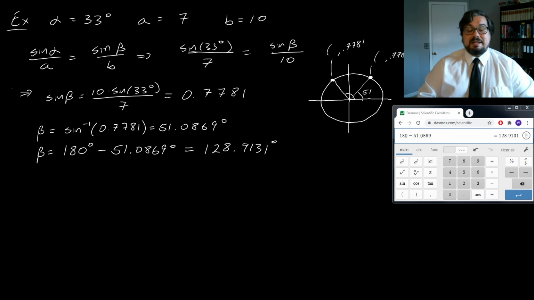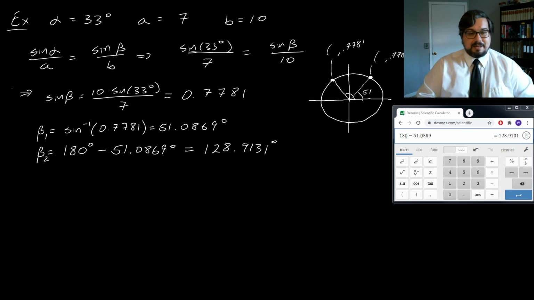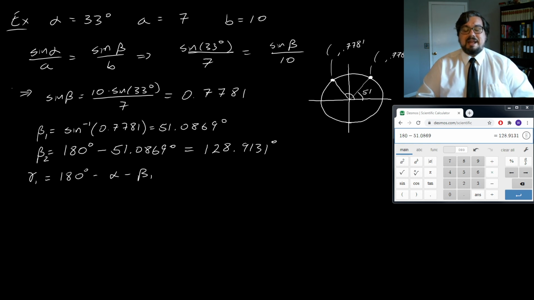So, at this point, we need to consider two possibilities. We'll call the first potential beta here beta 1 and the second beta 2. And we'll continue to label our gammas and our c's in a similar way. So now we're considering two possibilities. Either gamma 1 is equal to 180 degrees minus alpha minus beta 1, or we have gamma 2 equals the other one. We'll handle the beta 1 case first, and then handle the beta 2 case afterwards.